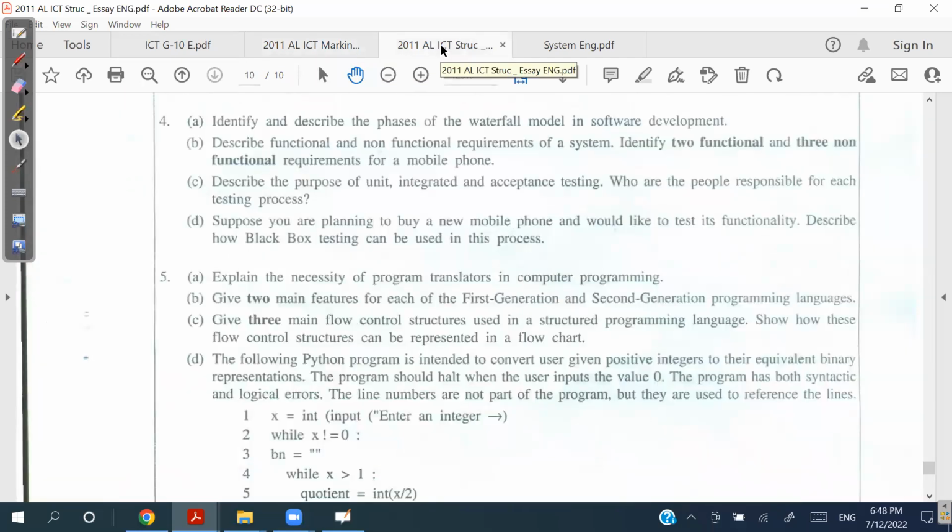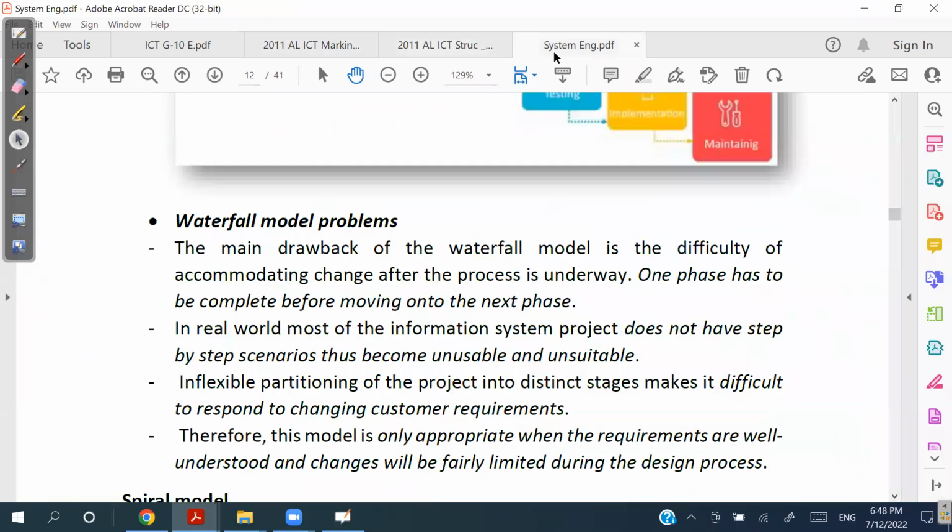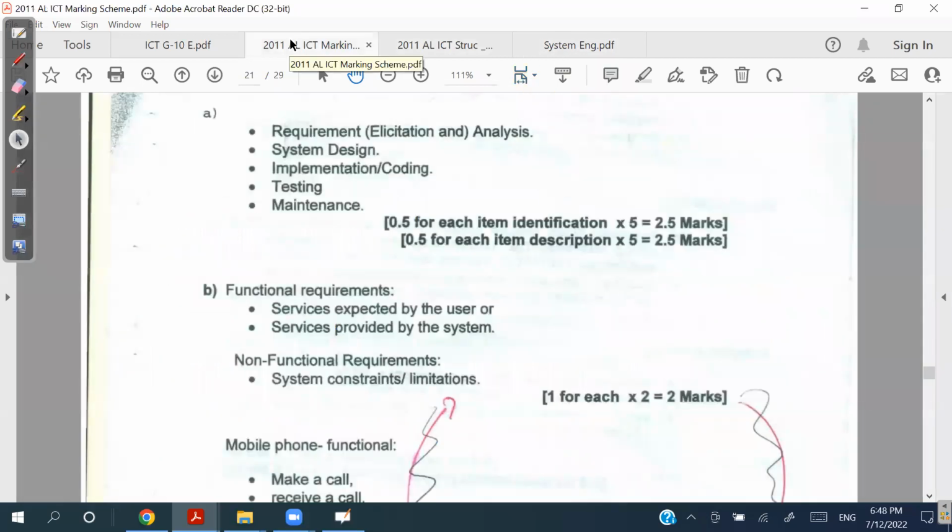Okay, then part B is asking: describe the functional and the non-functional requirements of a system. Identify 2 functional and 3 non-functional requirements of a mobile phone. So you have to say the functional requirements: the services expected by the user, or the services provided by the system, are considered functional requirements.